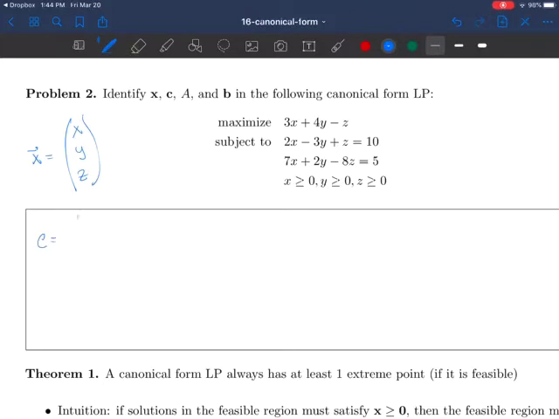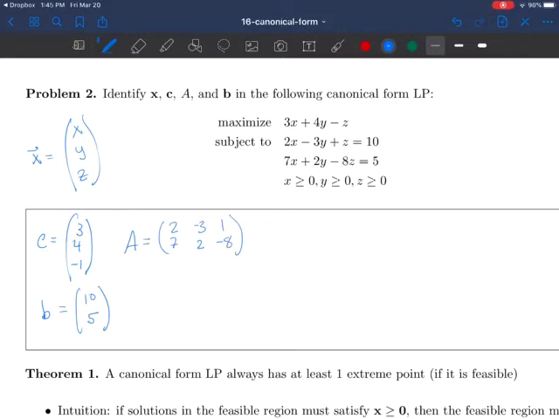The c vector here would be equal to 3, 4, and -1. b will equal 10, 5. And the A matrix equals [2, 7, -3; 2, 1, -8].